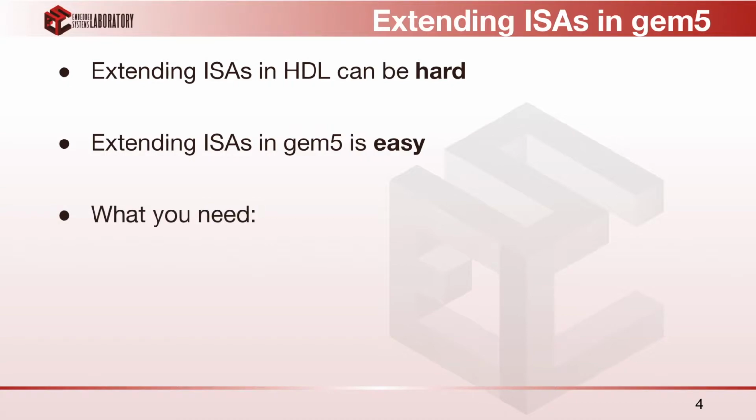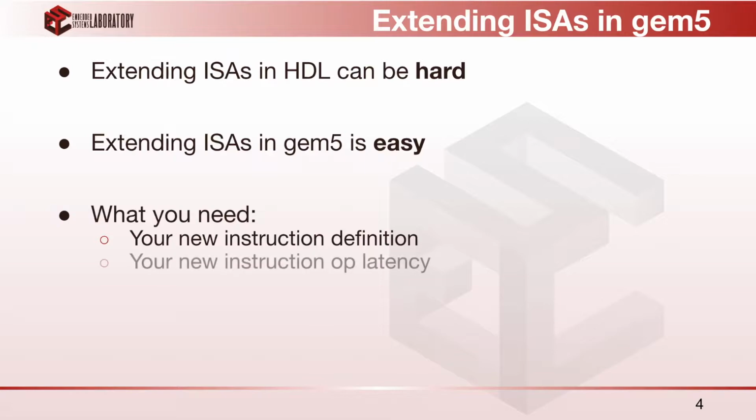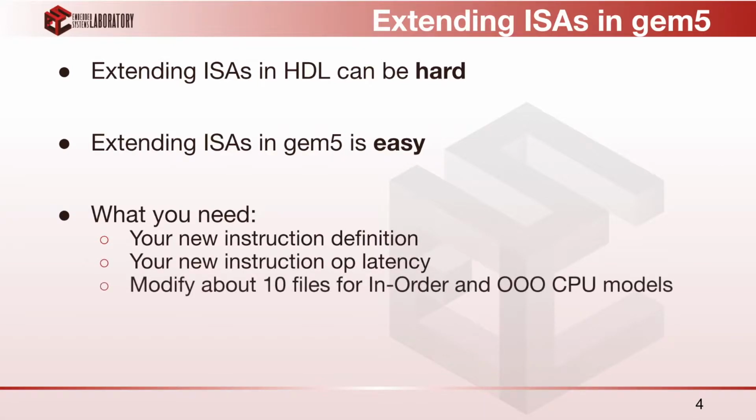So what you need is simply your new instruction definition, an idea of your new instruction characteristics, and at the end of the day, you only need to modify 7 files in total to extend your ISA plus 1 or 2 additional files per CPU model you want to extend the ISA for.